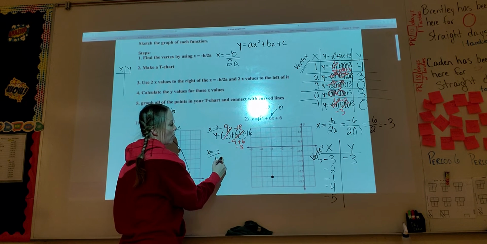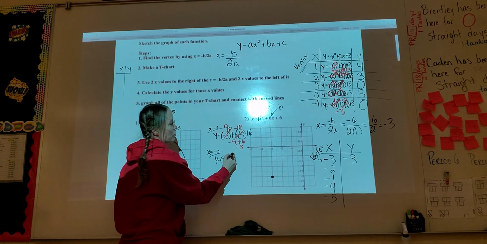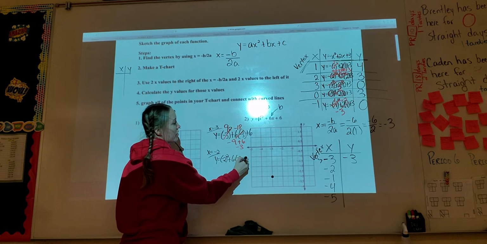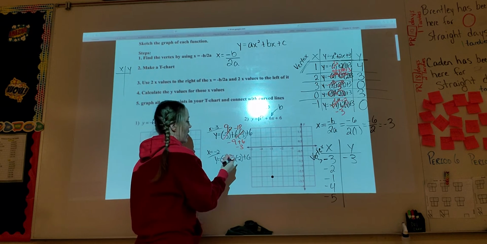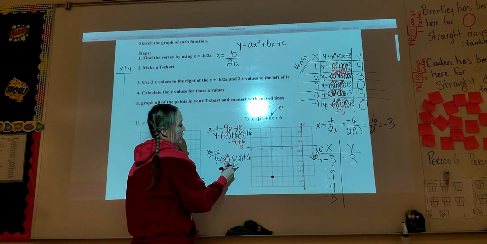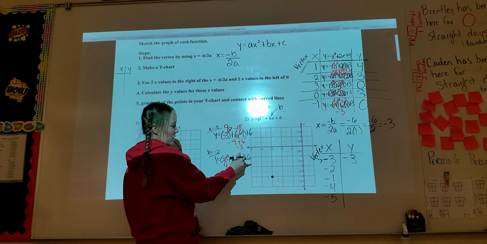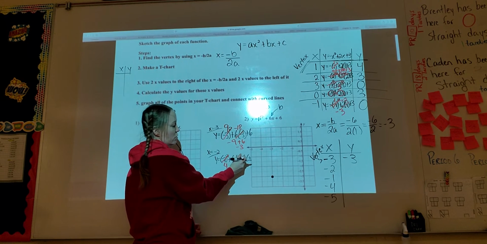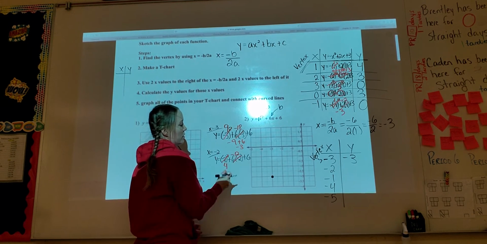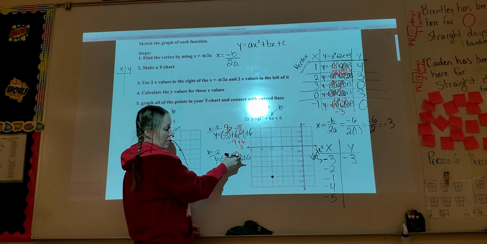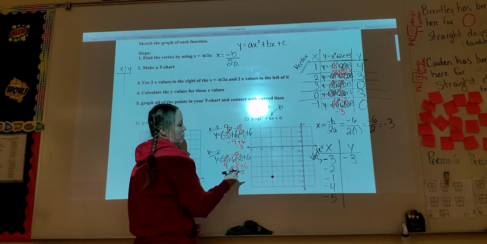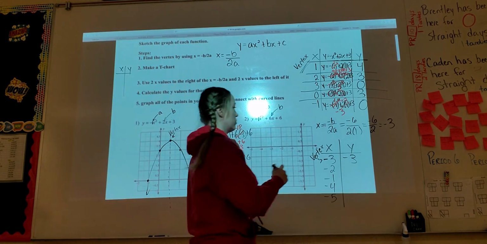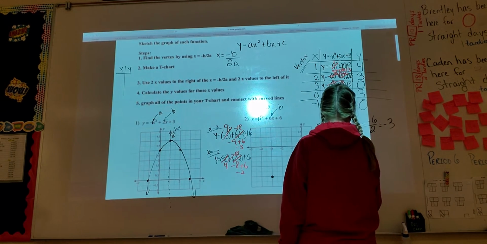I'm going to do y equals -2 squared plus 6 times -2 plus 6. You've got -2 squared, that's 4, plus 6 times -2, so that's -12. So 4 minus 12 is -8, plus 6, that's going to be -2.